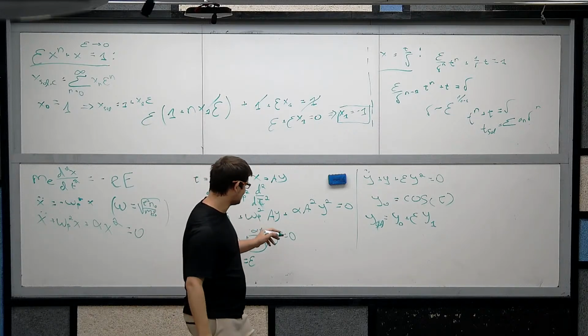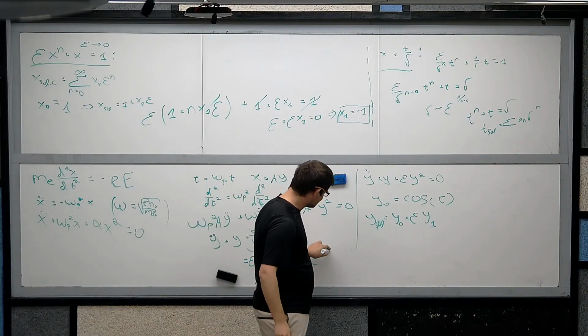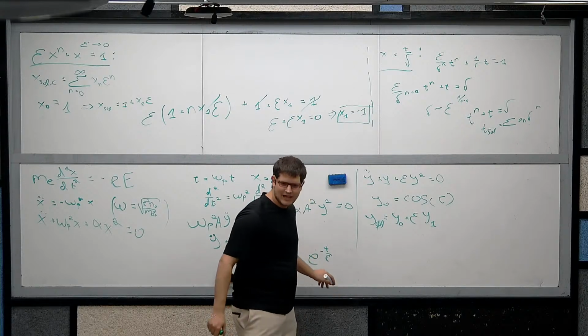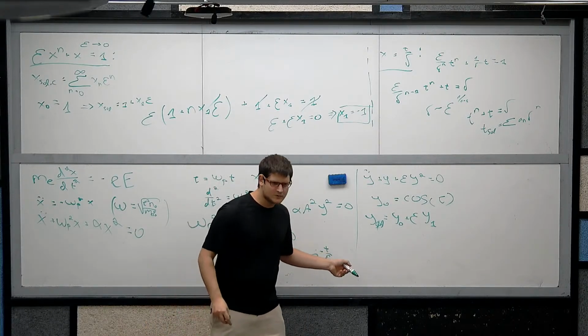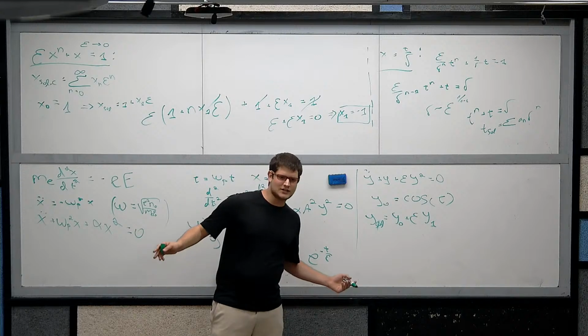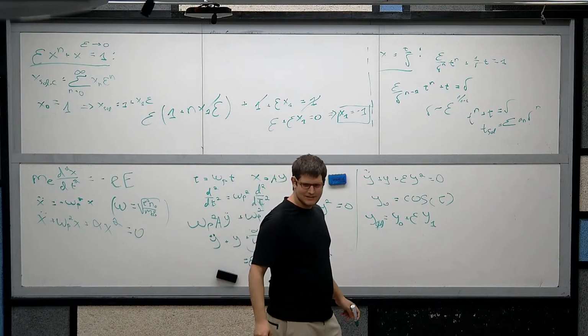because then a lot of things can appear that look like e to the minus t divided by epsilon, and when epsilon approaches 0, it's exponentially approaching 0.